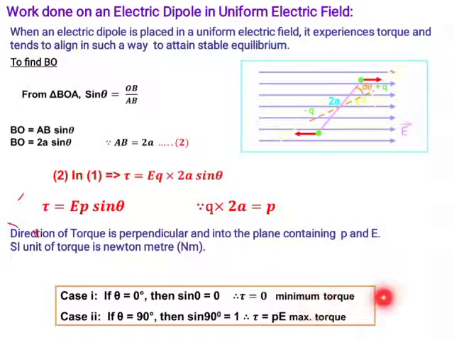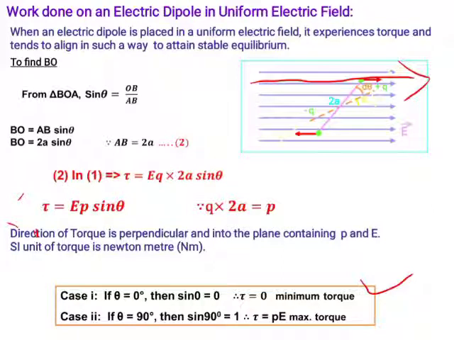Then we observe minimum torque. When is this possible? Sin 0 is possible if the dipole is along the direction of the electric field; only then can we satisfy this condition.